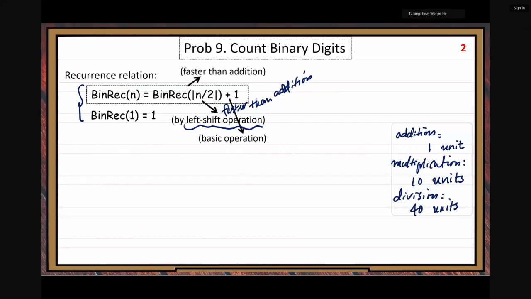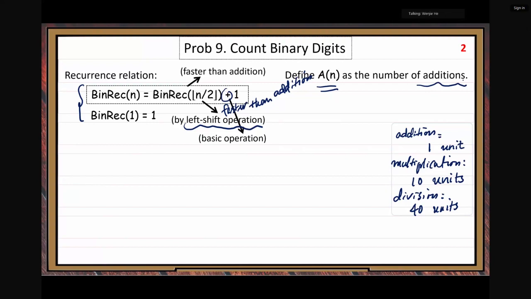So here, for the basic operation, we treat addition as the basic operation. Then we define a function A of n as the number of additions, because we want to count the number of basic operations.